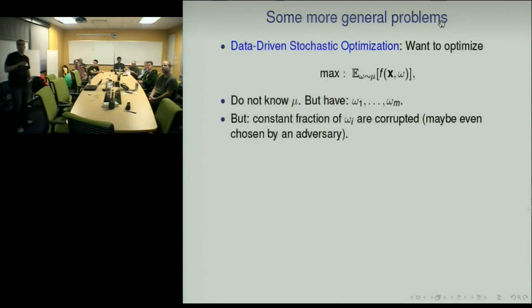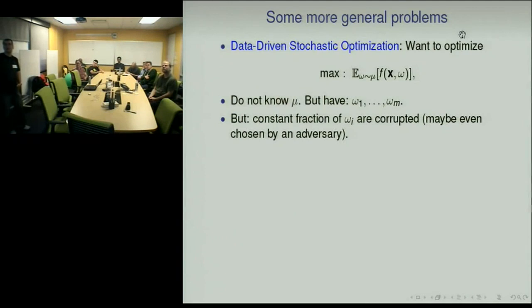I'll talk about it in the context of PCA, but really what's lurking here is a much more general problem, and this talk is a special case of two problems. The first problem is what we call data-driven stochastic optimization. You want to optimize a function, a stochastic function, in expectation over some omega that is distributed in a way that you don't know.